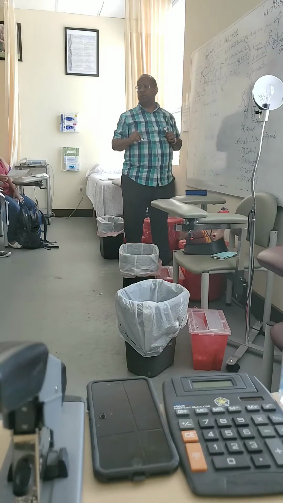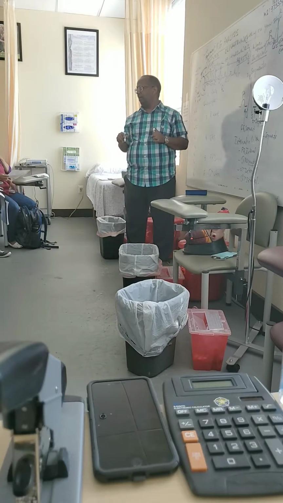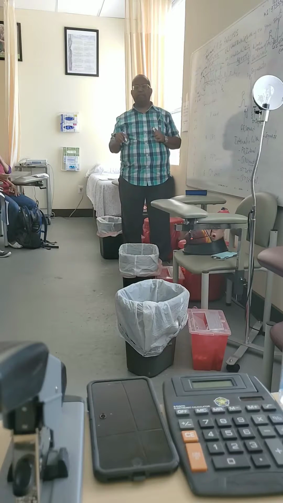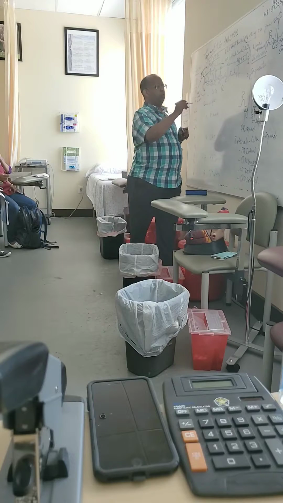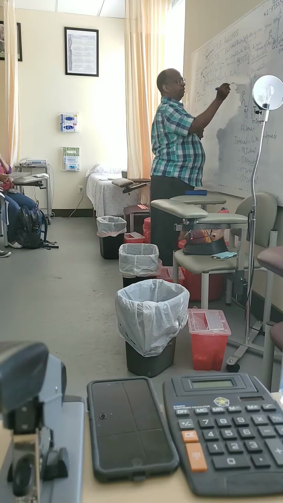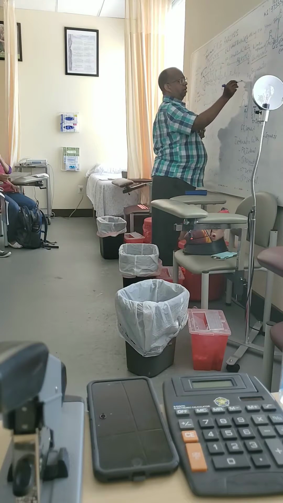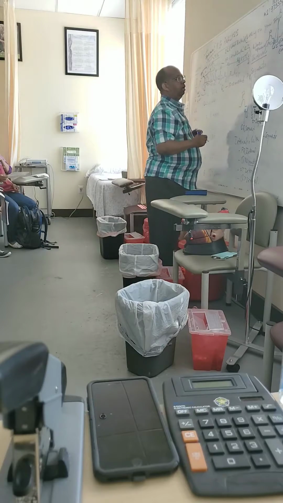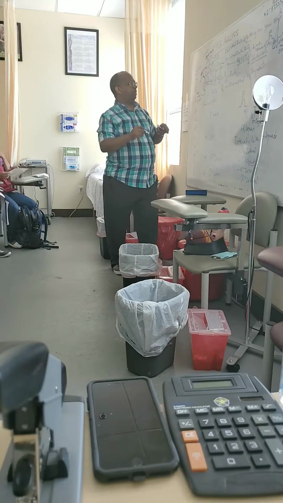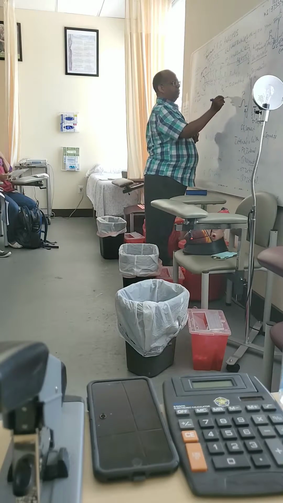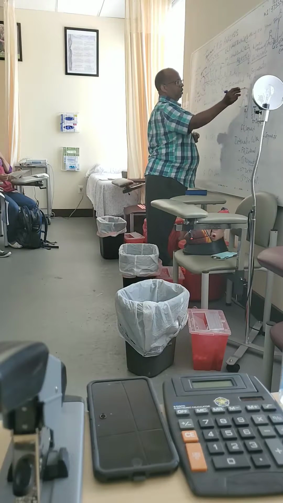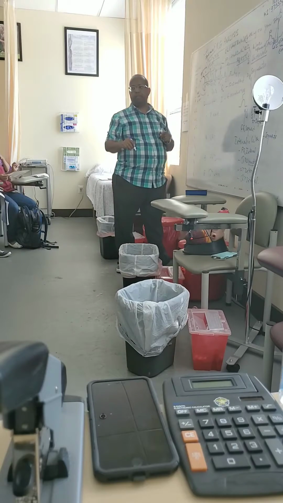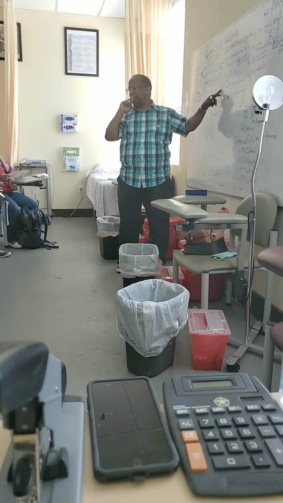If your rhythm is regular, then you do what we call the 1500 method. If your rhythm is irregular, you do what we call the 6-second method. What do you mean by the 1500 method?